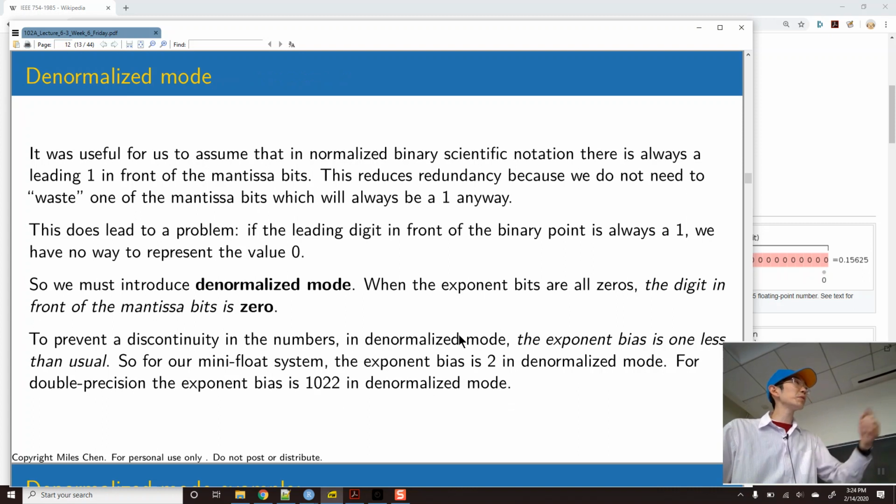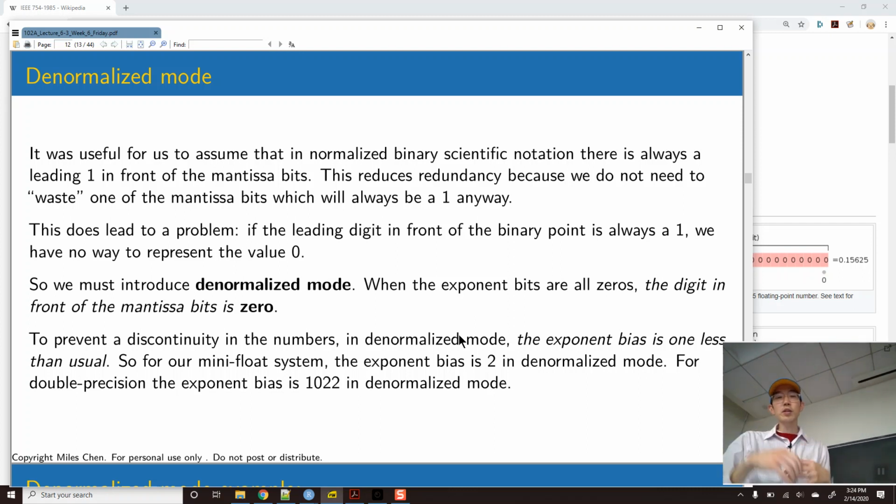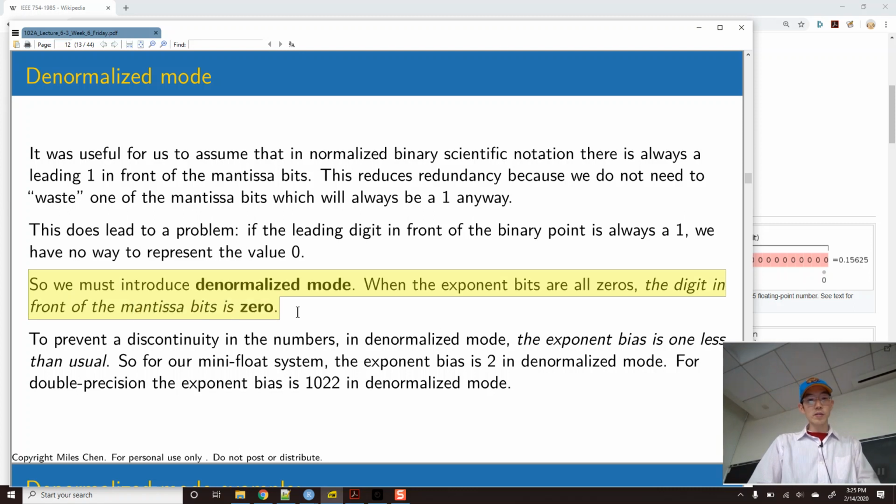Okay, so we have something called denormalized mode. In denormalized mode, when the exponent bits are all 0, then the leading digit in front of the mantissa bits becomes a 0 as well. Okay, so this is the key. When the exponent bits are all 0, the digit in front of the mantissa bits is 0.